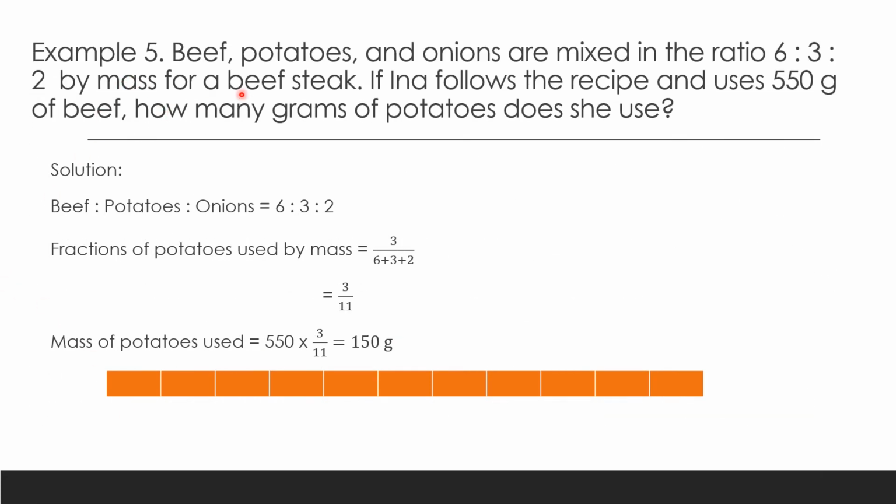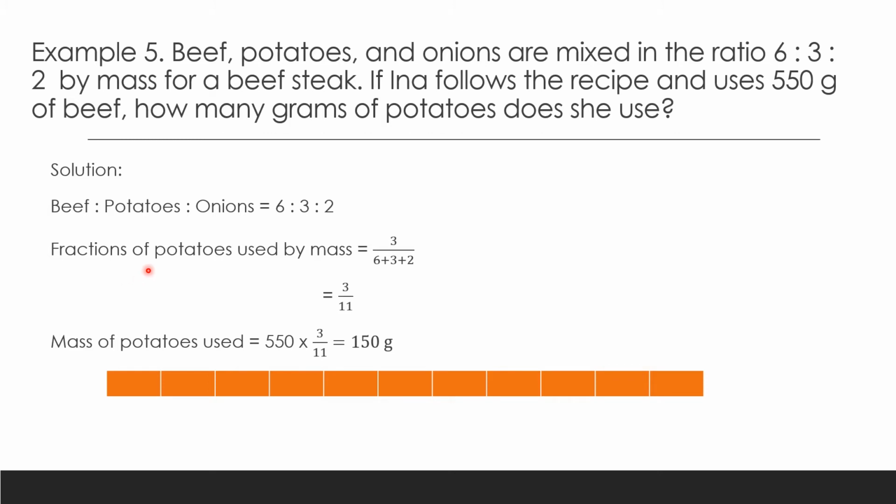Example number 5. Beef, potatoes, and onions are mixed in ratio 6 is to 3 is to 2 by mass for a beef stick. If Ina follows the recipe and uses 550 grams of beef, how many grams of potatoes does she use? Okay, solution. Beef is to potatoes is to onions, which is 6 is to 3 is to 2.